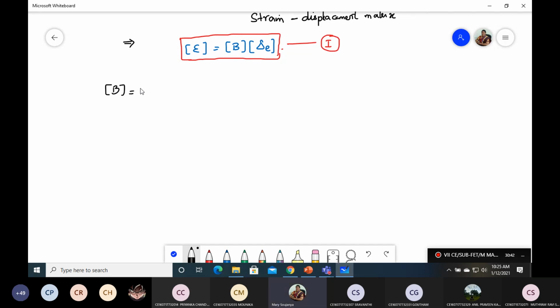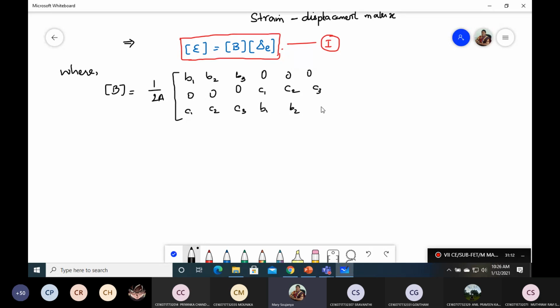Now, what is B matrix here? B matrix is equal to 1 by 2a into b1, b2, b3, 0, 0, 0, c1, c2, c3, c1, c2, c3, b1, b2, b3.